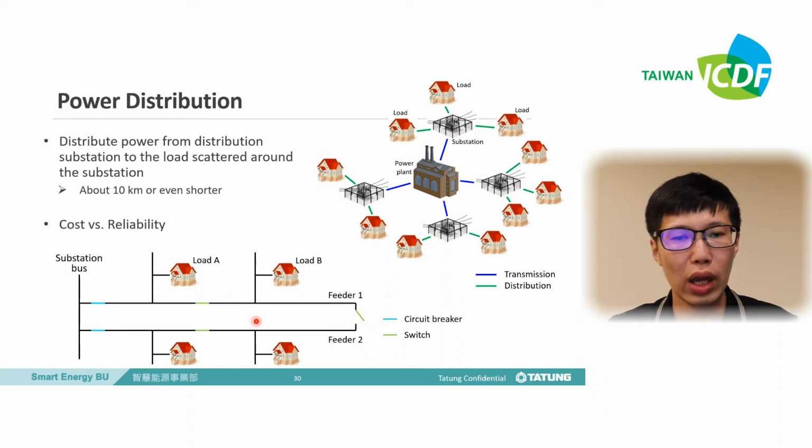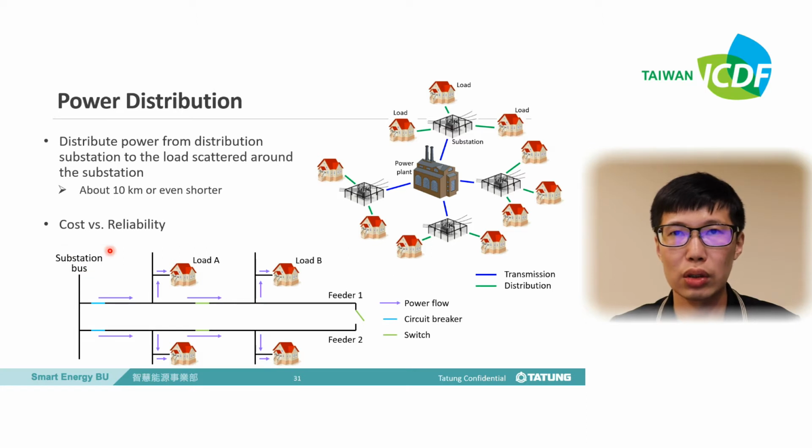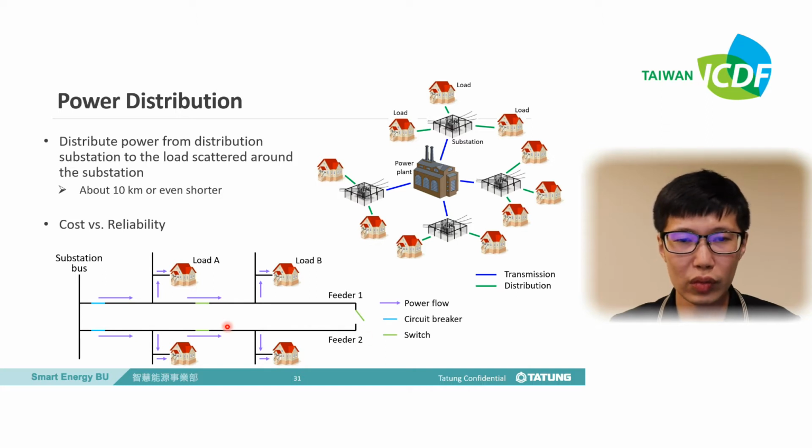Let's see what will happen. In the normal case, the bus of the distribution station can supply power to load A and load B by feeder 1, and to load C and load D by feeder 2, just like the previous case.